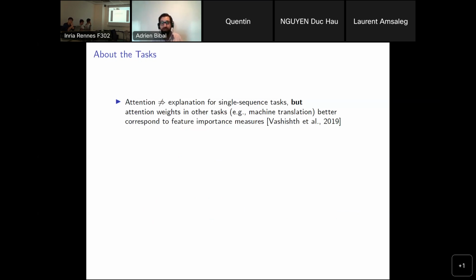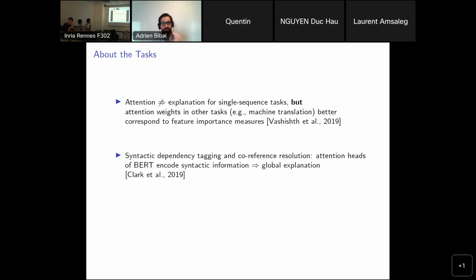But for other tasks that are considering multiple sequences, like machine translation, where you have a sequence as input, for instance a starting language, and a target language as output, then if you look for the explanation provided by attention, you get a better correspondence with other feature importance measures. So the conclusions of the debate are not the same for all the tasks.